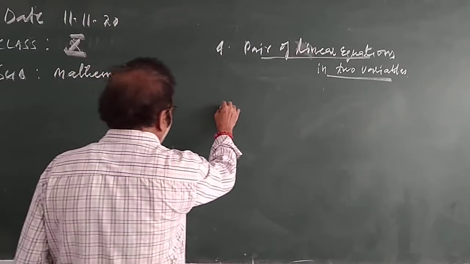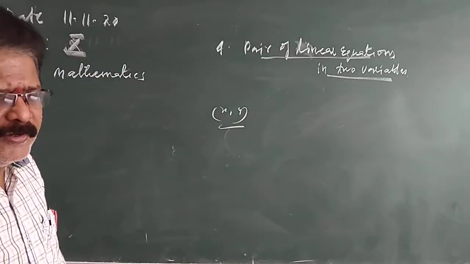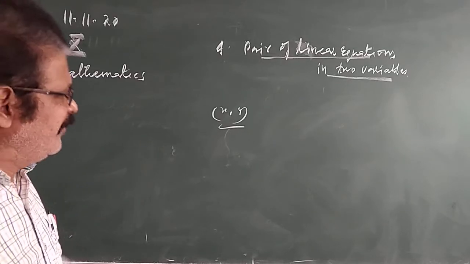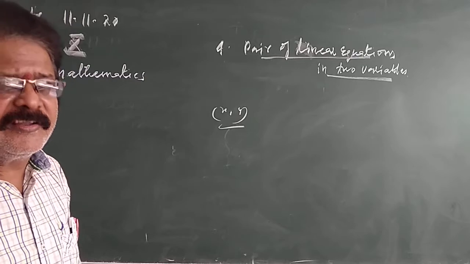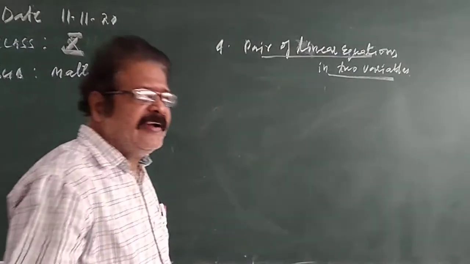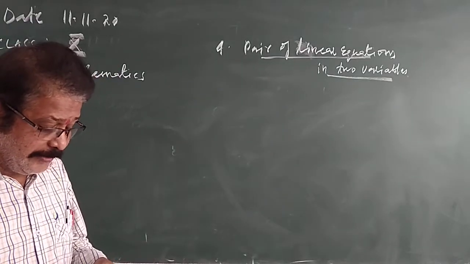The solution of this one is (x, y), the values for which x and y satisfy, they are called the solution. The values that satisfy the given pair of linear equations are called the solution.